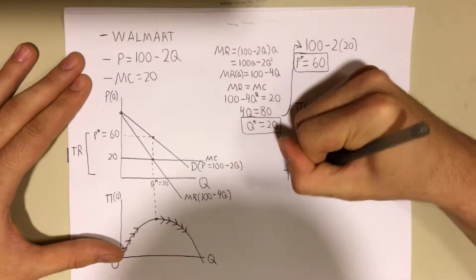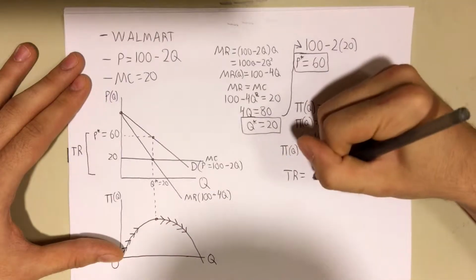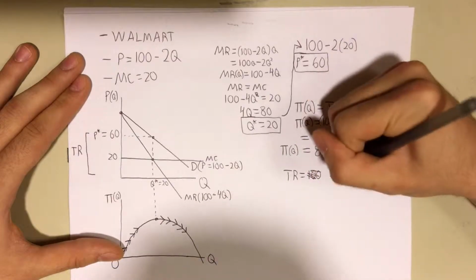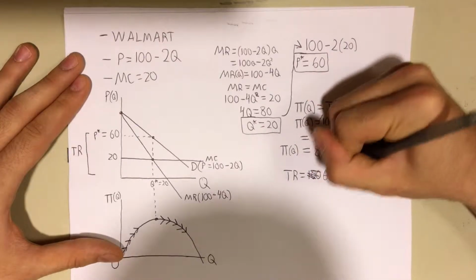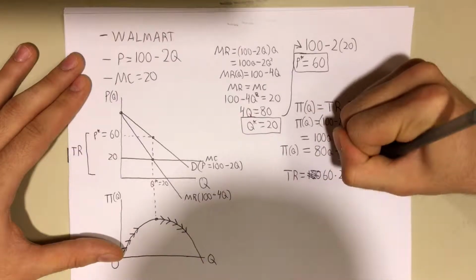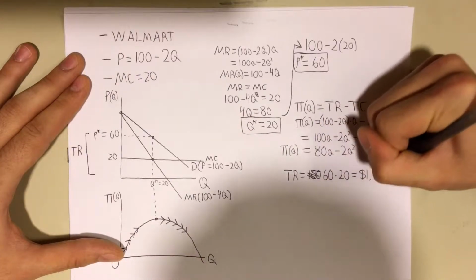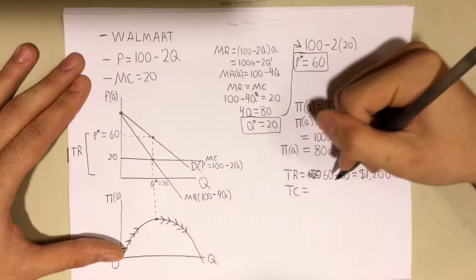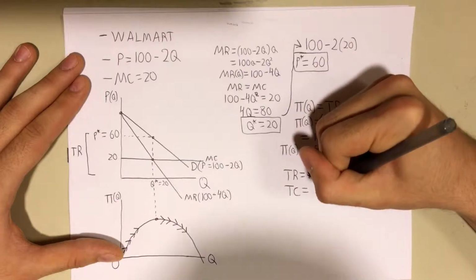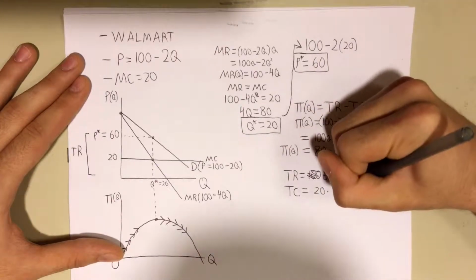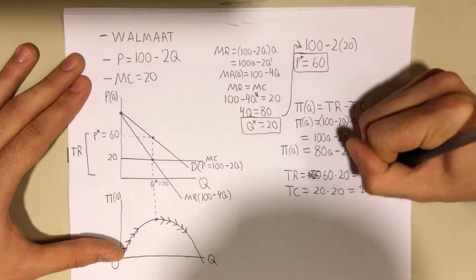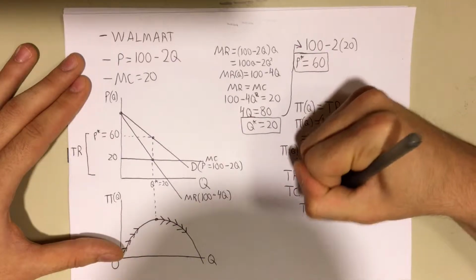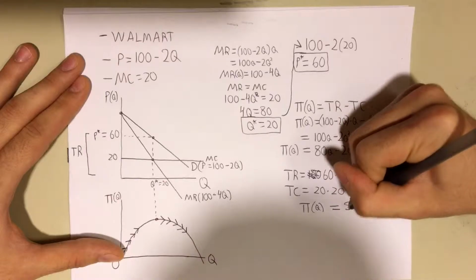Total revenue in this case equals the price of 60 times a quantity of 20, yielding $1,200, and subtract that from the total cost, which is just the quantity of 20 times their marginal cost of 20, which is $400. Total profits after this yield $800.